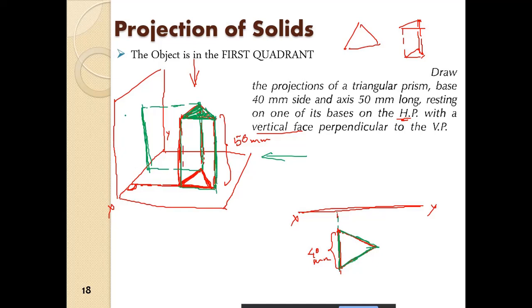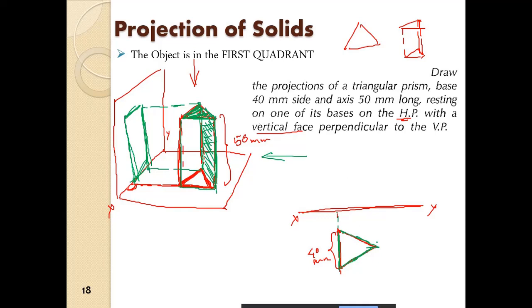So what we will see is basically a rectangle on the vertical plane, the projection of this outer surface.